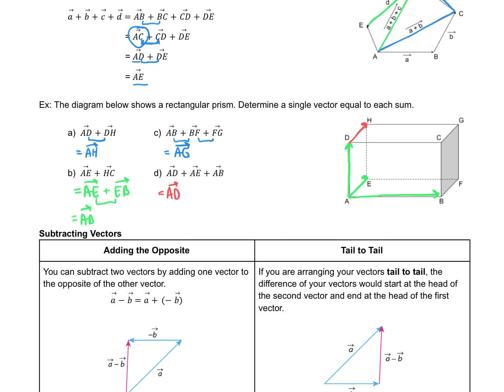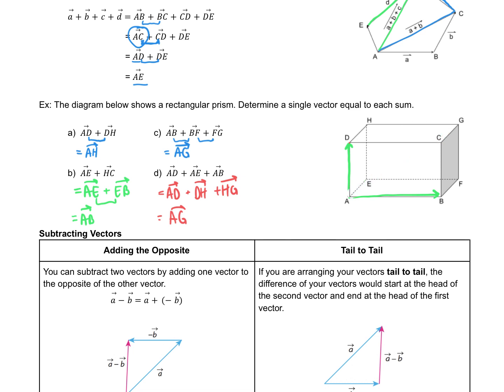So AD keep, AE is now DH because they're equal vectors, and instead of AB, I can do HG. Now everyone is lined up head to tail, and my resultant vector will start at A and end at G. And there we are.